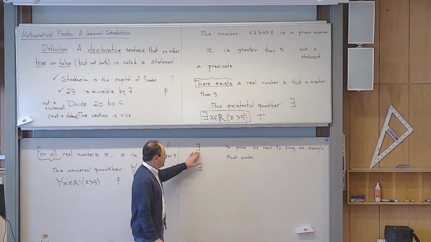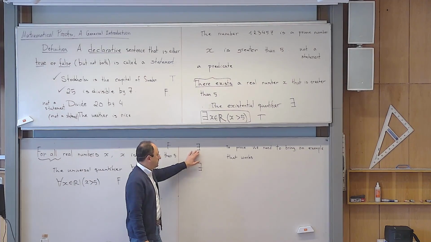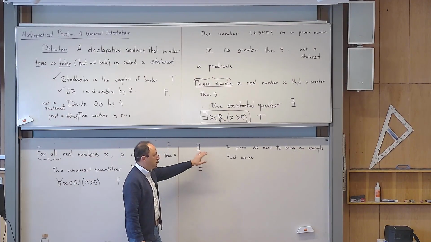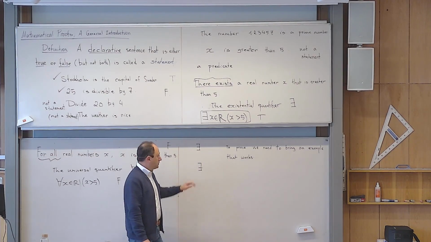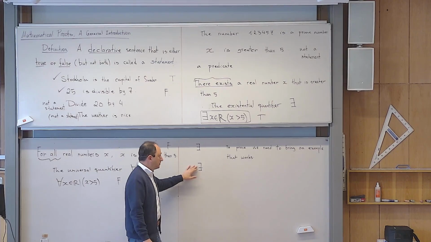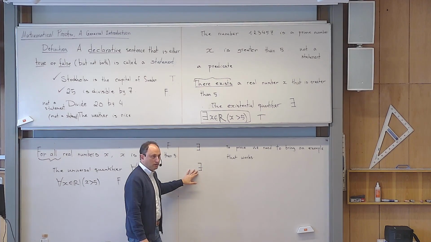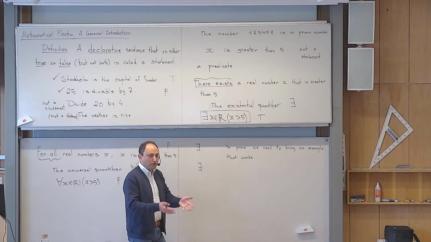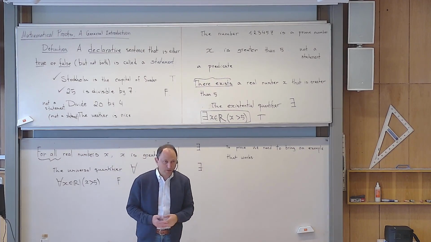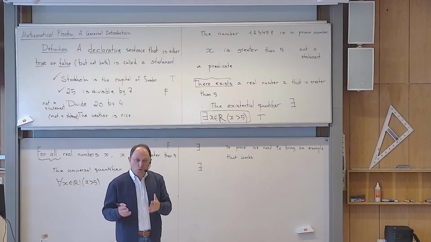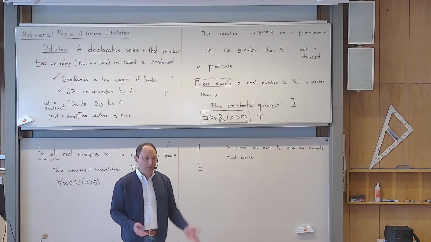If you want to prove something that starts with this symbol, it is enough to bring an example that shows it works. Yes? But if you want to refute a statement that starts with this symbol, you cannot say that, okay, even if you bring hundreds of examples that shows does not work, it's not enough. You need to have an argument to show why no one can even find one single example.